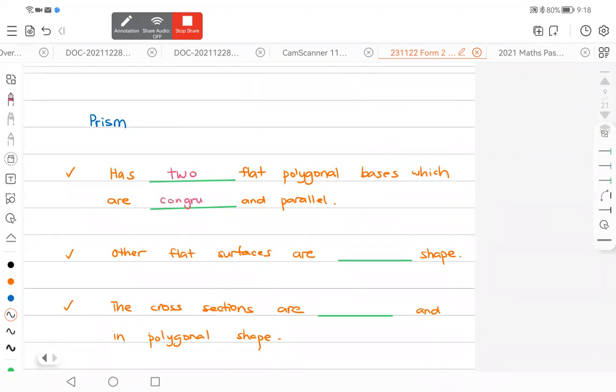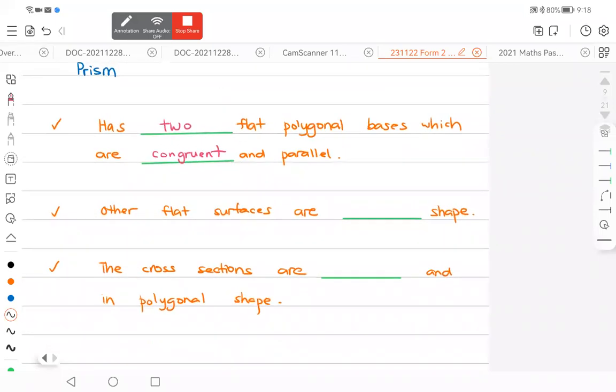Congruent in maths means exactly the same. Any questions? Can understand or not on this part? Yeah. Okay.